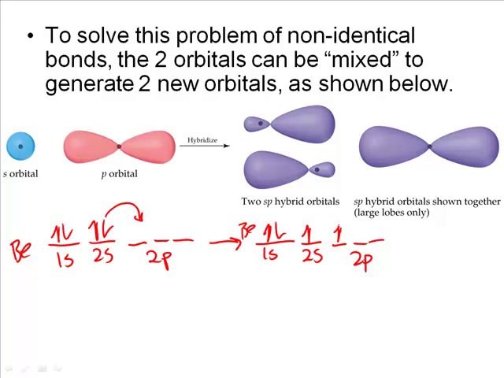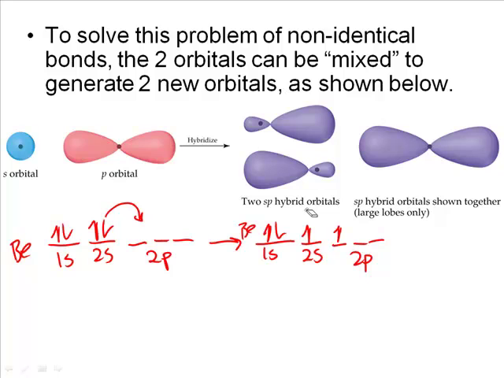Now that solves one of our two problems. Remember that our two problems were that they don't have enough electrons to form that many bonds, and the energy levels are different. We've solved the first problem in that we've now got two available electrons for beryllium to bond with. The second problem we haven't solved, in that they're at different energy levels. This electron is at the 2s, this electron is at the 2p.